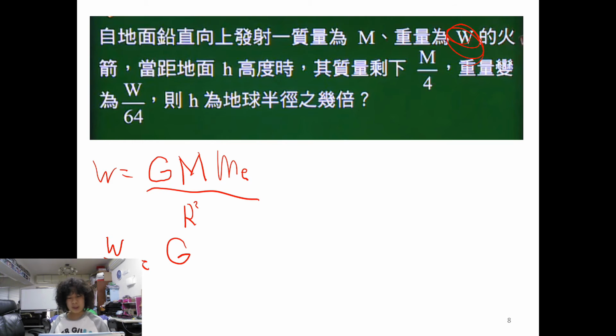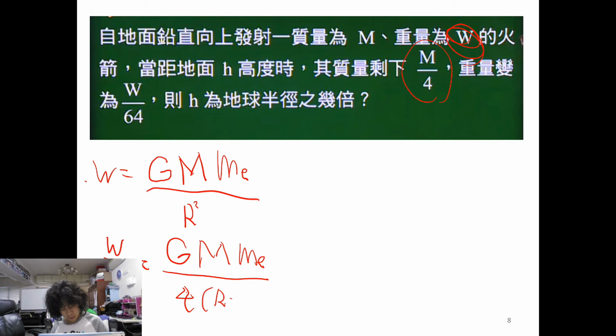Equals GMm divided by, and this is 4 because it's left with this, and the mass of Earth is always the same, while now the distance is actually R plus H, squared.